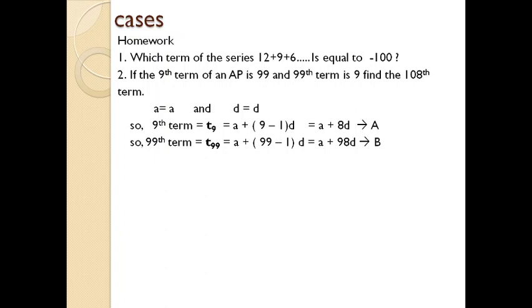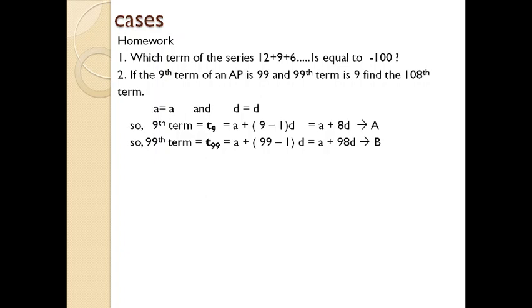I hope you understand why we did this, because in the question there is no information regarding which number the series starts from, or the common difference, only the 9th term and 99th term details. In such cases, you need to use linear equations, or sometimes you might end up with quadratic equation methods.